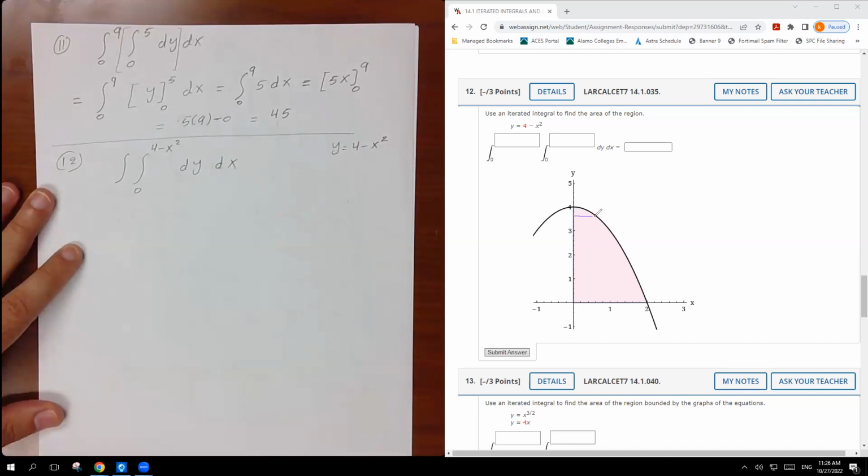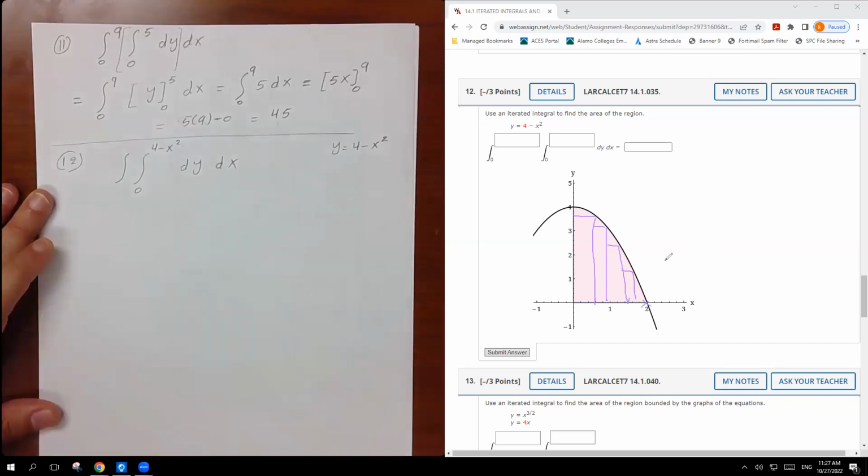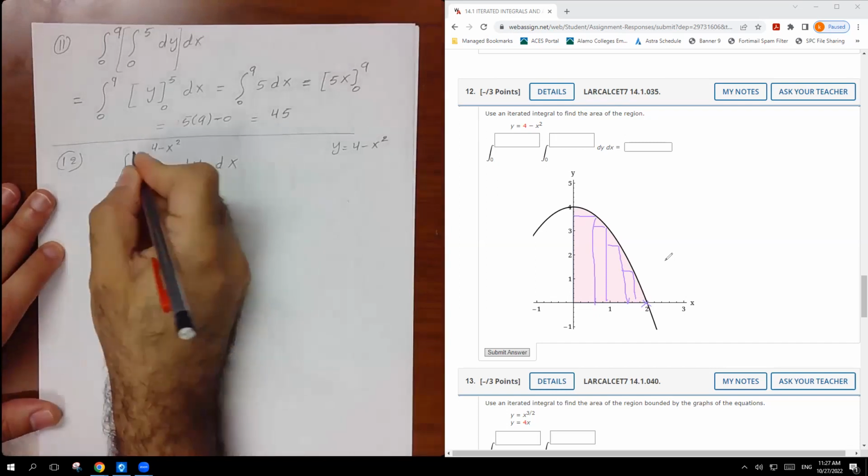So this is the first one, and then we do the second one and keep going. The third one keeps going smaller. So x is going from this point until this point. That means the outside border is going to be from 0 to 2.